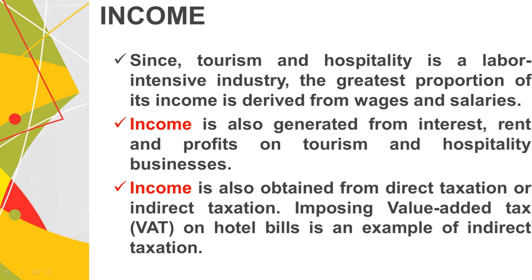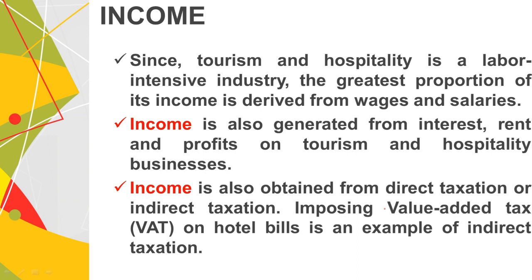Here we have the term VAT, which means value added tax. Wherever we buy an item, we see that there is VAT. That kind of value added tax is an example of indirect taxation.